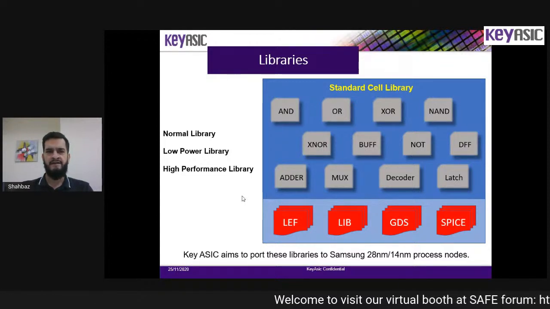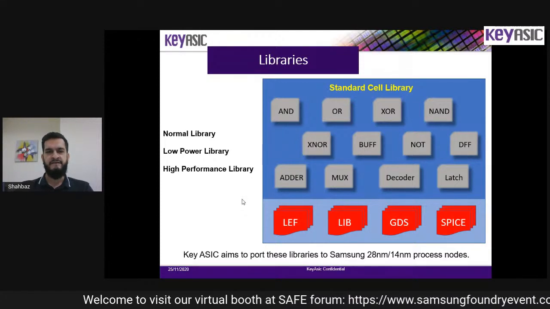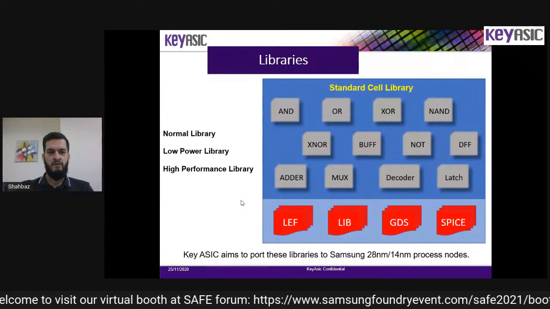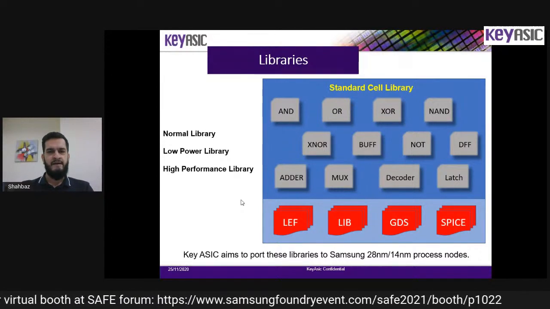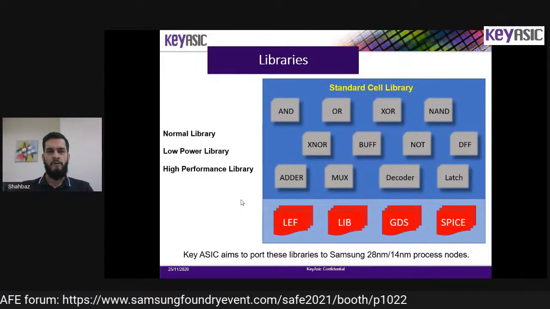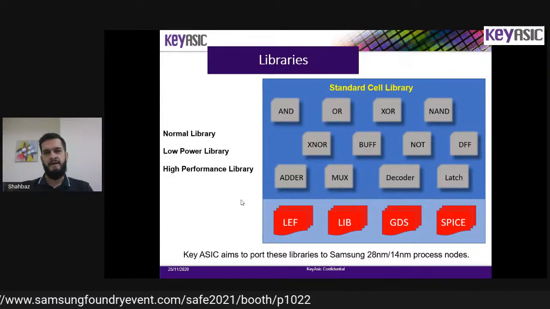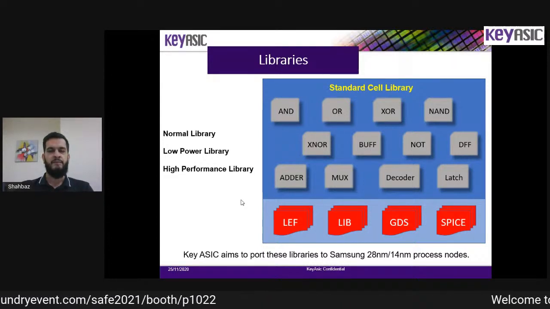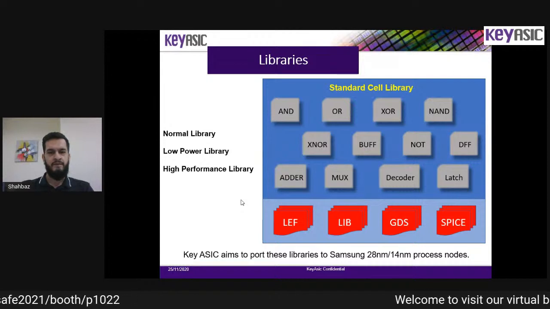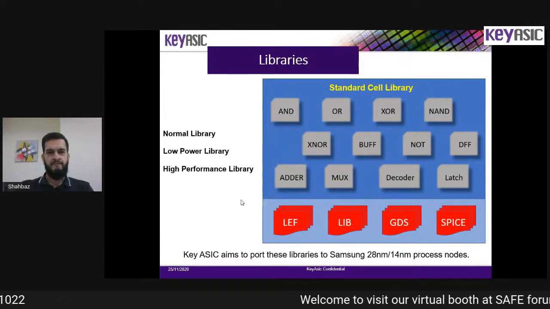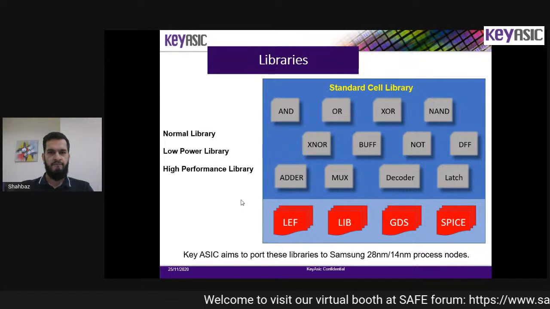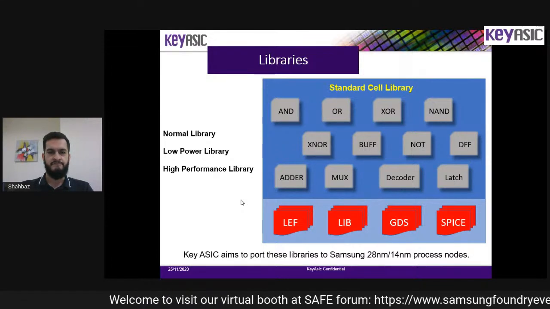And the normal library is essentially a trade-off between the power efficiency and the performance. So combined, these libraries offer a unique set of options for the SoC designer, to optimize their products for speed, for example, for area, and for various performance characteristics.